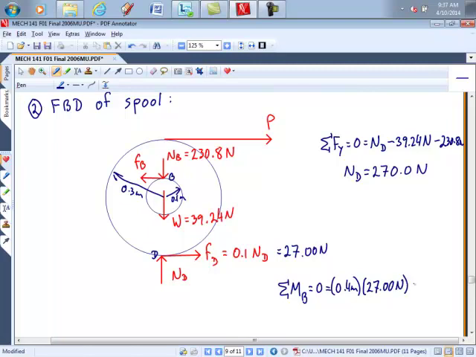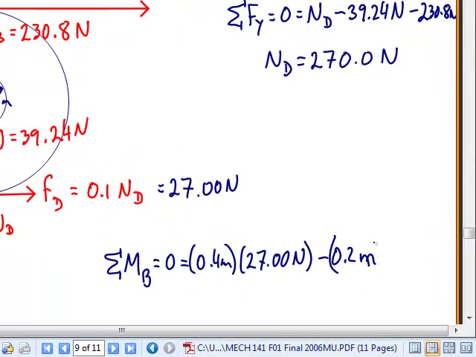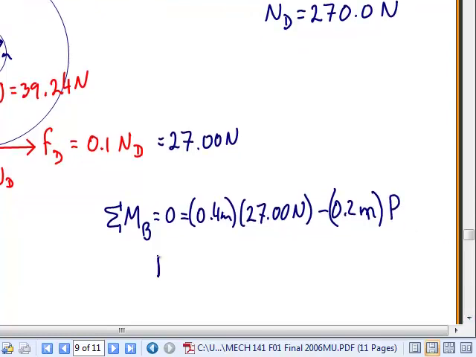And then that's going to be a negative moment, and its lever arm is going to be 0.2 meters, times P. You shouldn't need a calculator for this. 54 newtons, twice the 27.